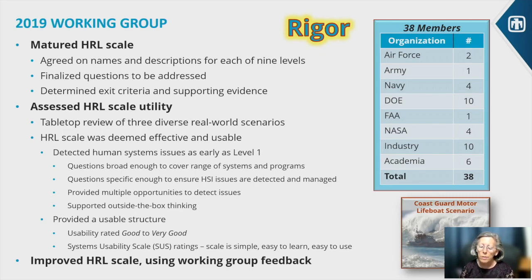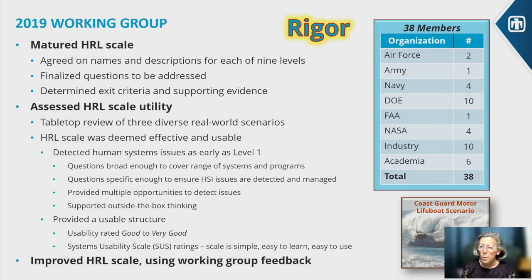So taking what was already available and finishing that. First, defining: naming each HRL level, agreeing on those consistent names, and then describing what's involved at each HRL level. The way we approached it, if you've seen TRL calculators that are available, they go through a series of questions to help you determine which TRL level your technology is currently at.